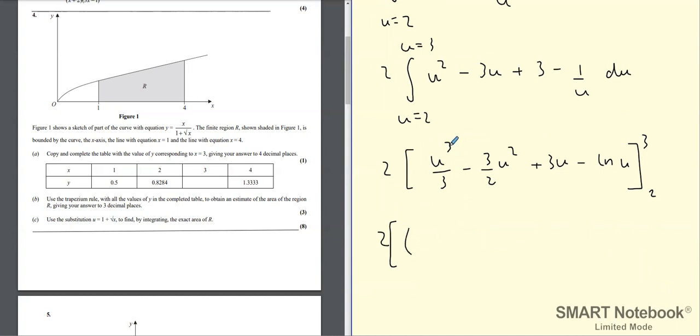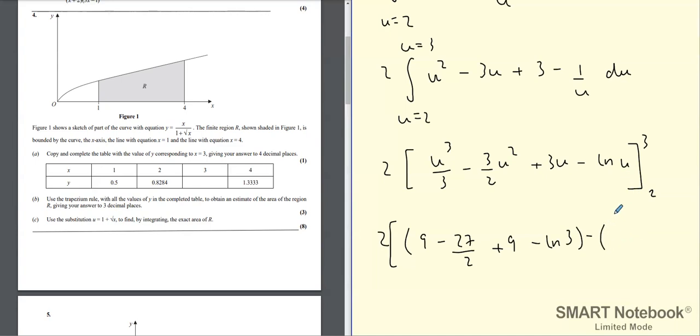Well, I substitute 3 in there. 3 cubed, 27 over 3 is 9. What do I get here? 3 times 3 squared is 27 over 2, plus 9 minus ln 3.